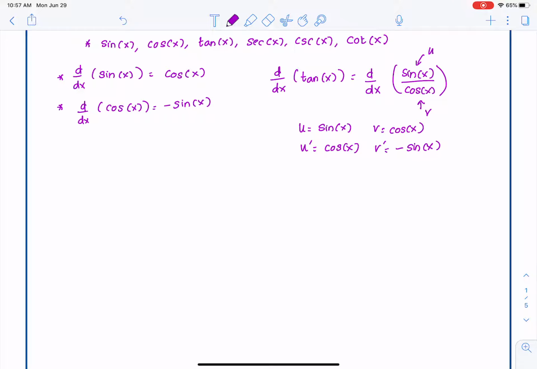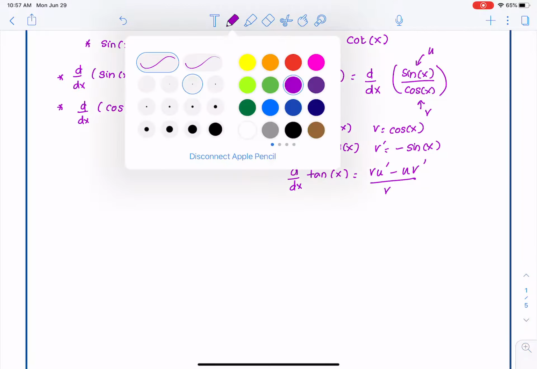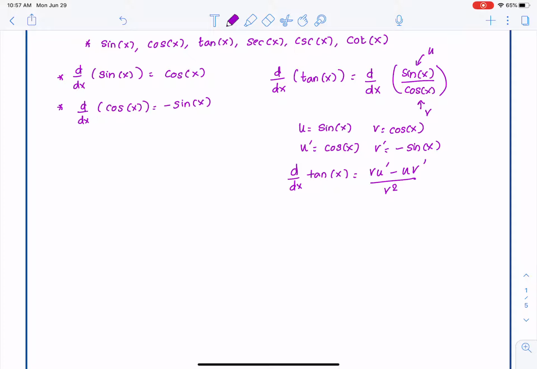So if we use quotient rule, the derivative of tangent of x would equal v u prime minus u v prime divided by v squared. So v is cosine x, u prime is cosine x, u is sine x, v prime is negative sine x.